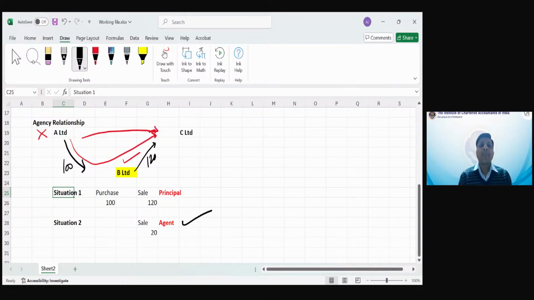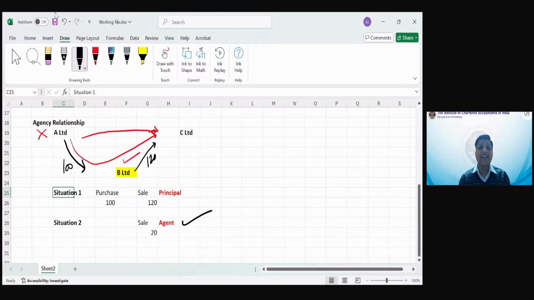Another way: who will have the risk in relation to the debtor? Let's suppose goods are sold to C, but in future C doesn't make the payment. If B says that I'll make the payment to A only if I receive the payment from C, in such a case, who is carrying the debtor risk?